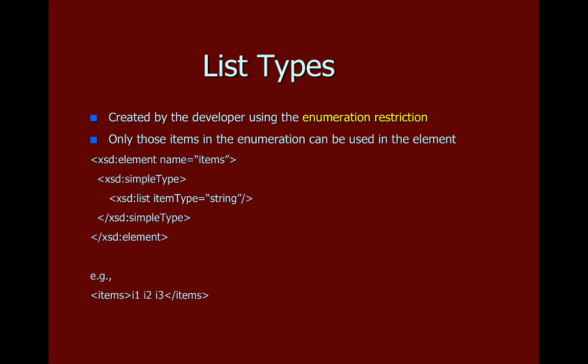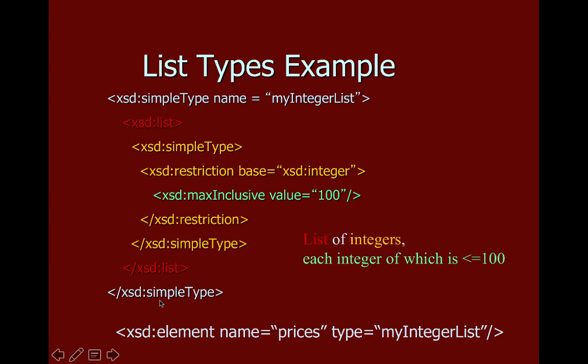Enumeration restriction, right? So you can declare an element of type items to be a list of strings, using this special declaration here. So you want to say that element items should be a simple type. So what's in the items element would be just a list of strings like this, space separated by default.